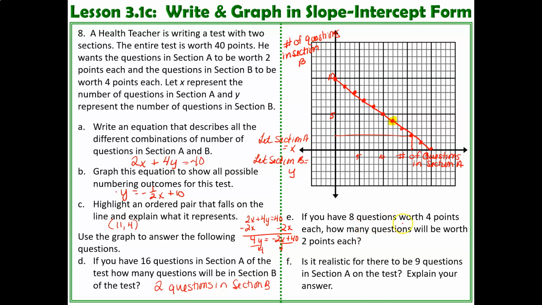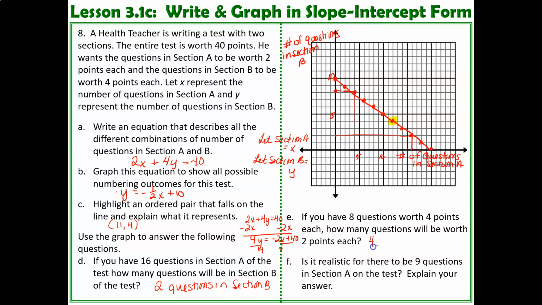If you have 8 questions with 4 points each, that's section B, how many questions will be 2 points each? So we're going to go here, I'm going to count up to 8 right here. We're going to go over to where it hits and follow that down, and that will be 4. So it's going to hit at 4 right here, 4.